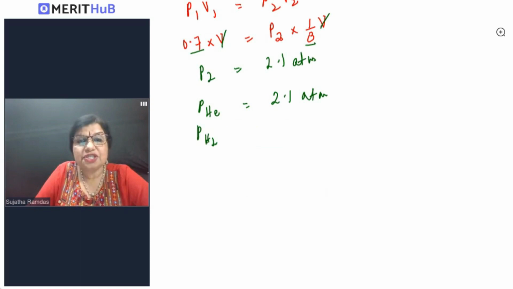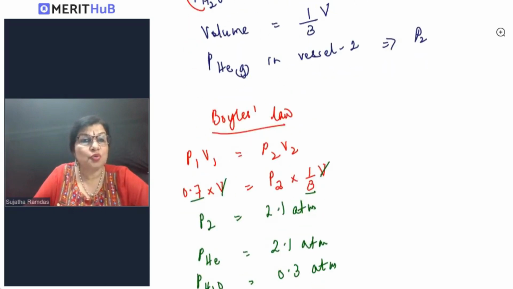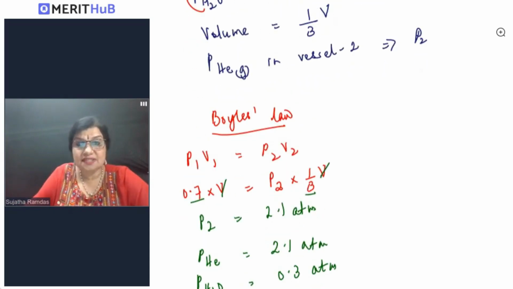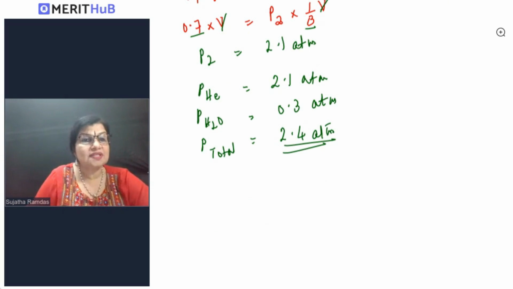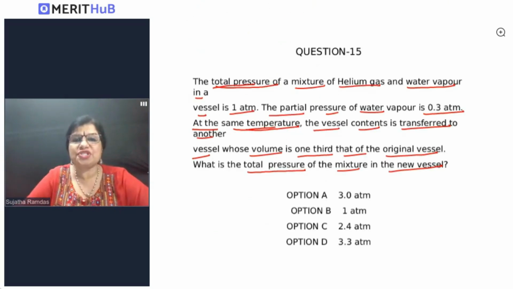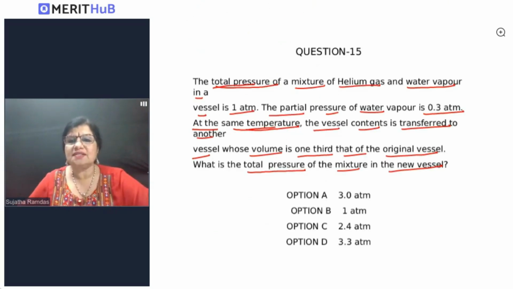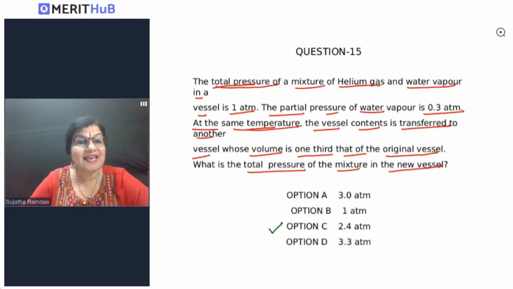The partial pressure of water vapor continues to be 0.3 atmosphere, and according to Dalton's law of partial pressures, the total pressure of a mixture of two non-reacting gaseous systems will be equal to 2.4 atmosphere. So this will be the answer to this question. So let's see which option corresponds to this answer, and therefore option C is the correct answer. The answer is 2.4 atmosphere.